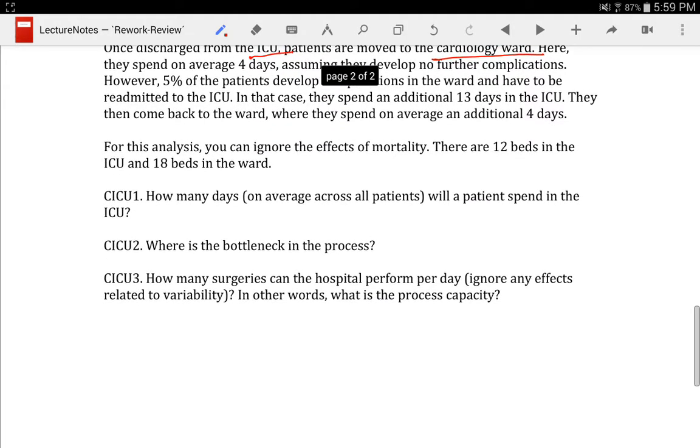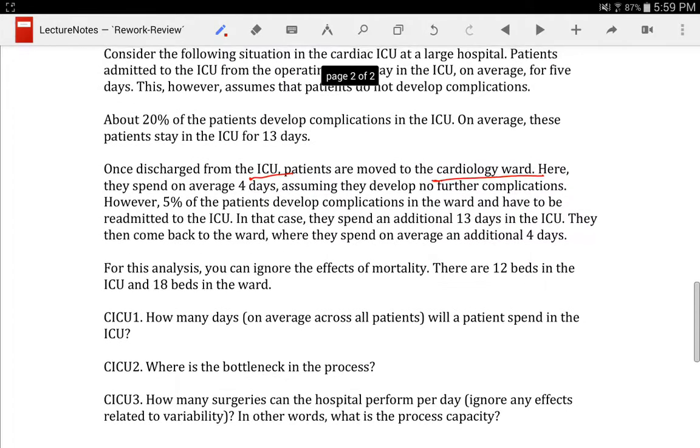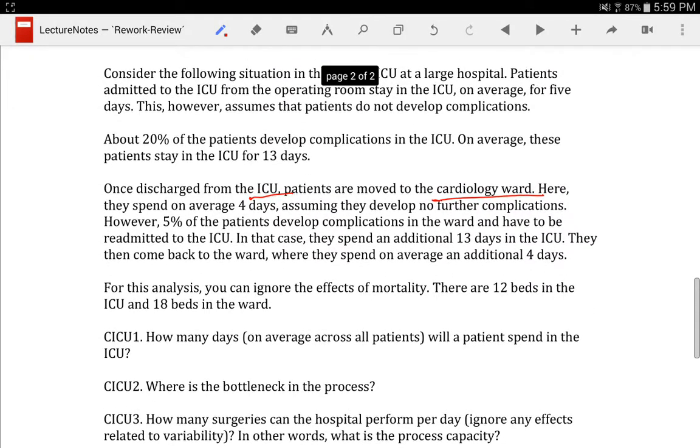So the story here is, consider the following situation: the cardiac ICU in a large hospital, patients are admitted to the ICU, and they stay there on average for 5 days. However, this assumes that the patients do not develop any complications.